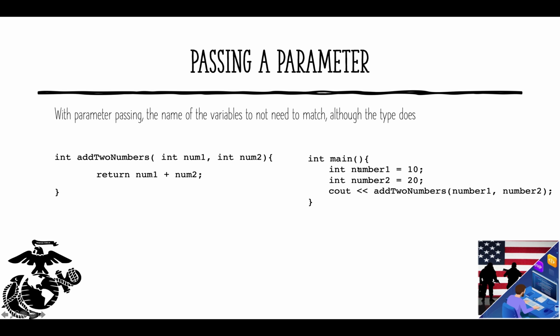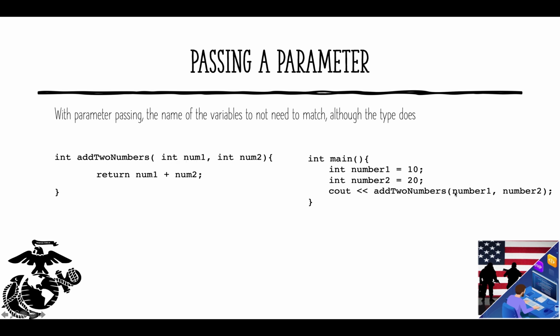What that means is, if I pass in number1 as a parameter and, within this definition, modify num1, it would not be reflected in the variable over here. The copy is being sent over, and whatever I do to the copy has no change to the original variable.